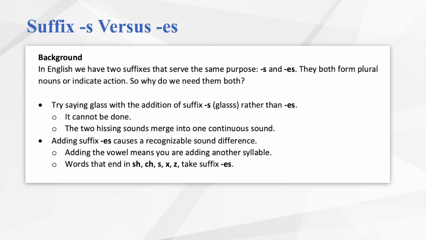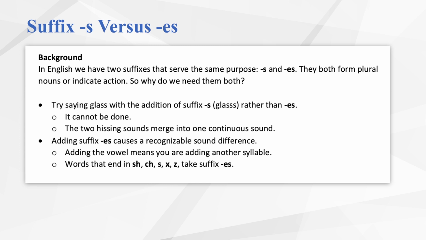So suffix es, instead, creates a buffer vowel between those two sibilants or hissing sounds. So glass becomes glasses, and as a listener, I hear es and its meaning of more than one. Same with fox. Fox becomes foxes, telling me as a listener that the speaker meant more than one.